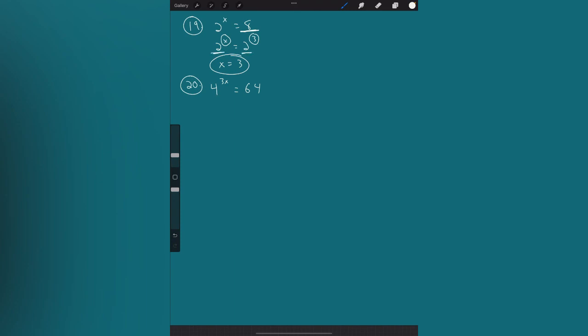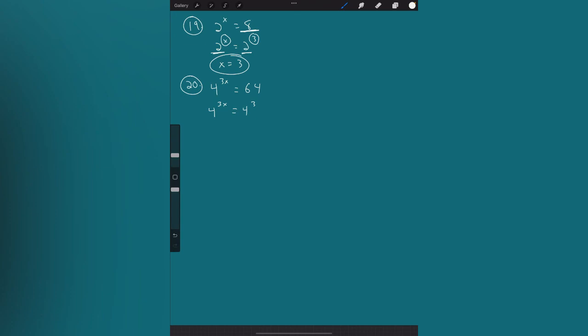So I can rewrite this as 4^(3x) equals 4 to the what power equals 64. I can rewrite this as 4 to the third power. 4 times 4 is 16 times 4 is 64.